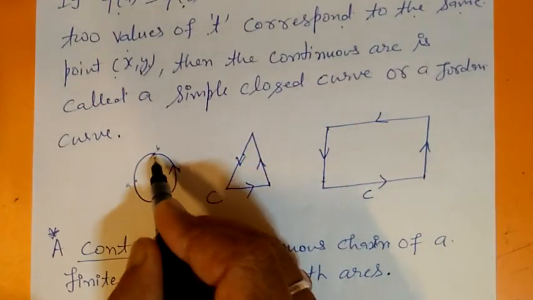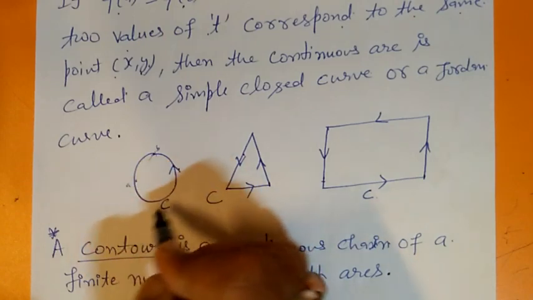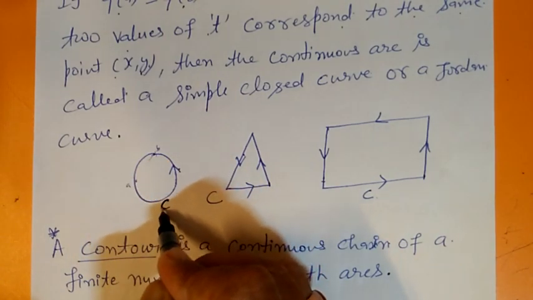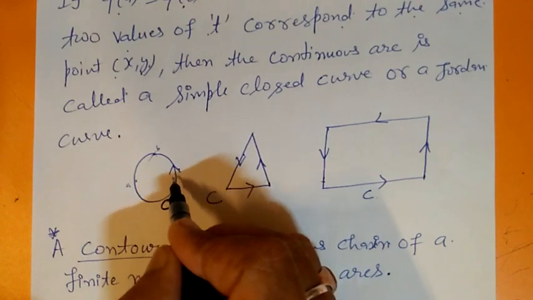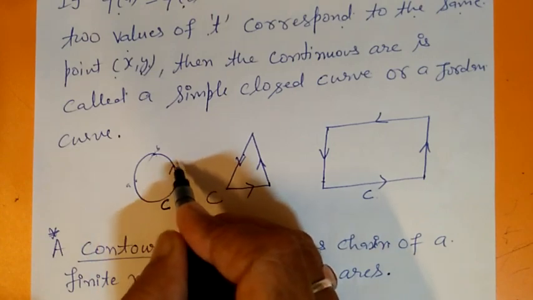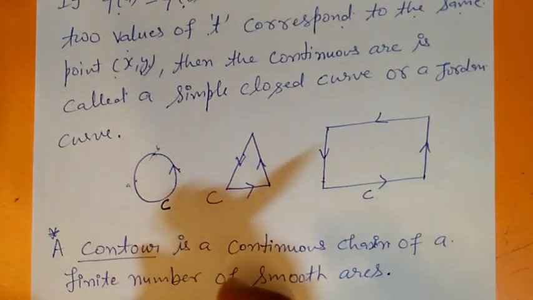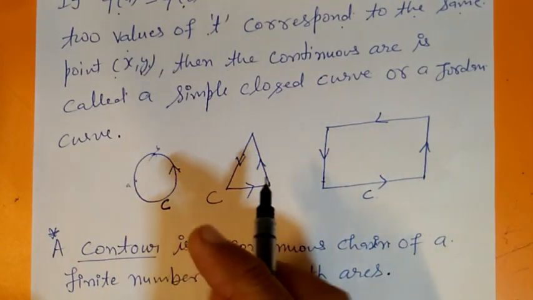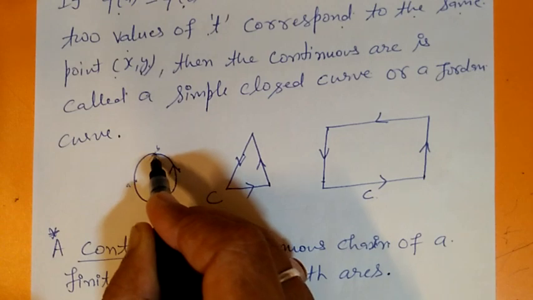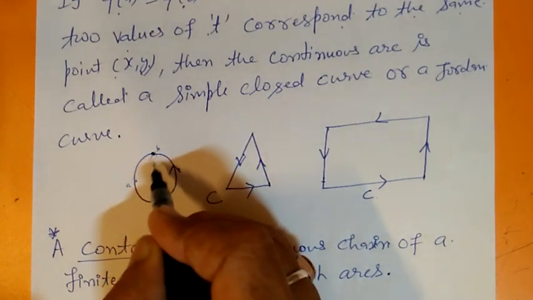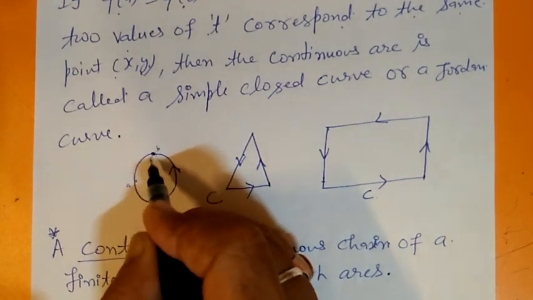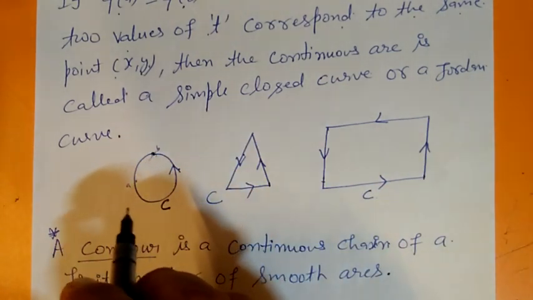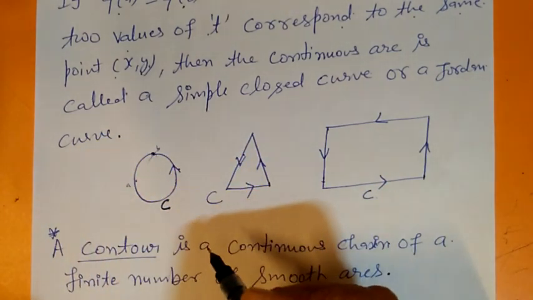For example, if we consider a circle, and this circle is denoted by the curve C, and if we take two points, that is, if we consider the functions phi and psi in the closed interval [a, b], if both points coincide at any point, in that case phi(a) is equal to phi(b) as well as psi(a) is equal to psi(b).